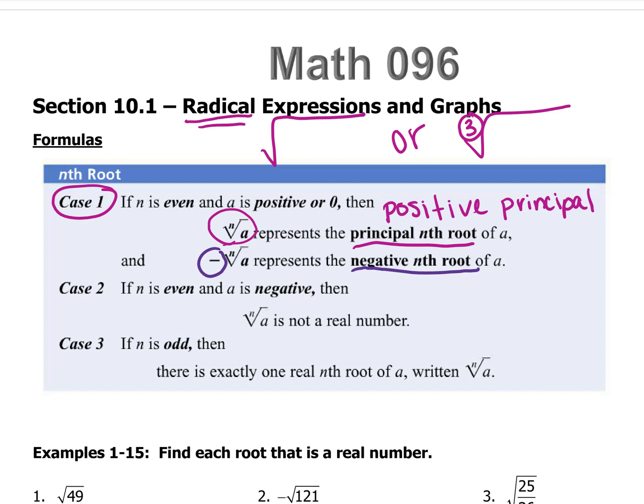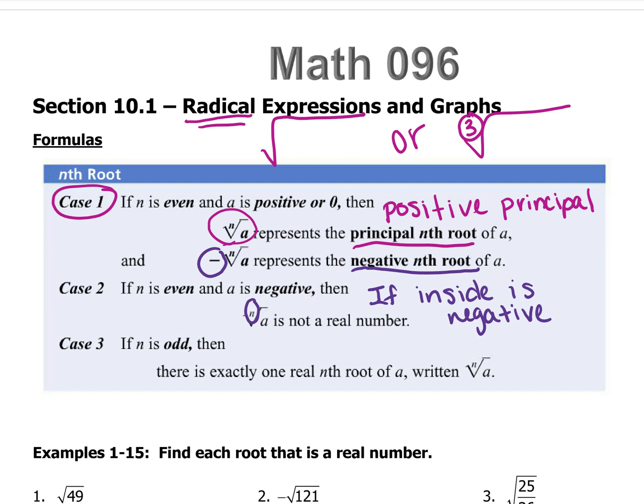If n is even, so if this number right here is even and then the inside is negative, so the outside's even and then the inside is negative, it's not real. If you want to write that, you can: if the inside is negative.